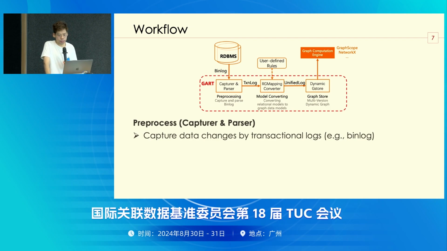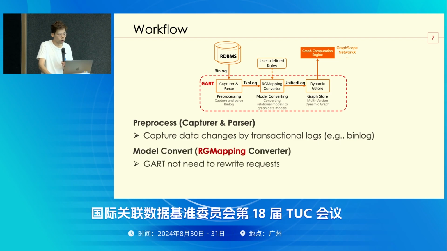The second is the model transformation component. We call it RG mapping, meaning from relational data sets to graph data sets. GART users do not need to rewrite their queries, but they only need to supply conversion rules.